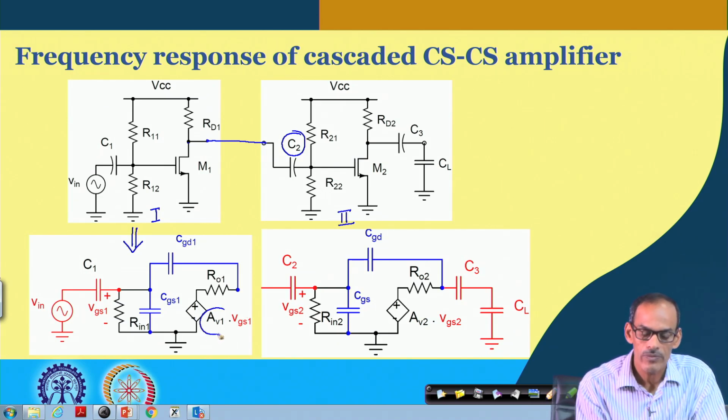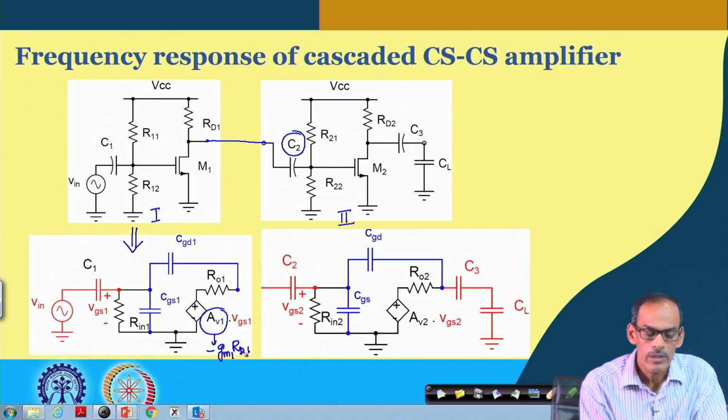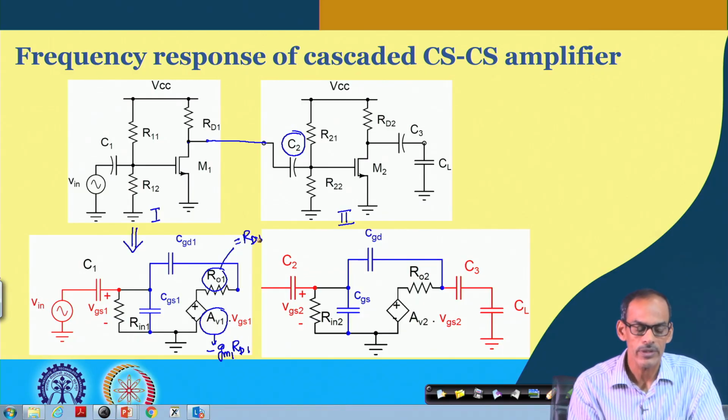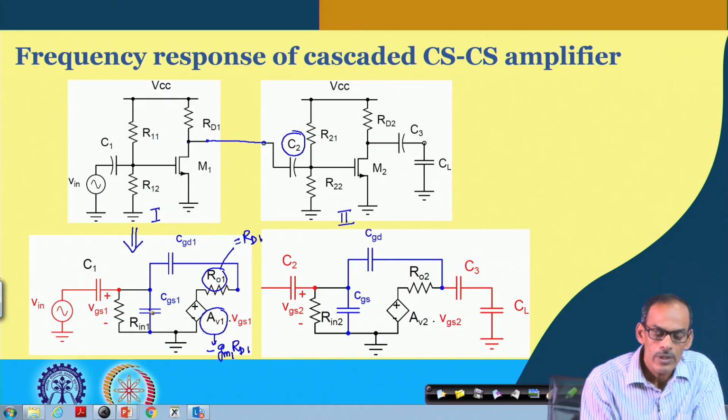So we have AV1, whose expression is minus the transconductance of transistor M1 multiplied by RD1, and here RO1 is equal to RD1, similar to the previous CE amplifier circuit. And here Rin2 comes from the two bias resistors in parallel.